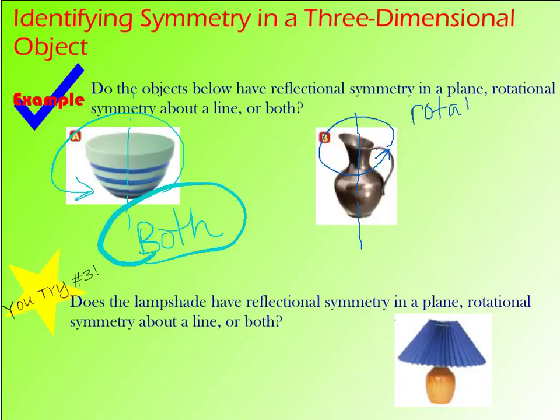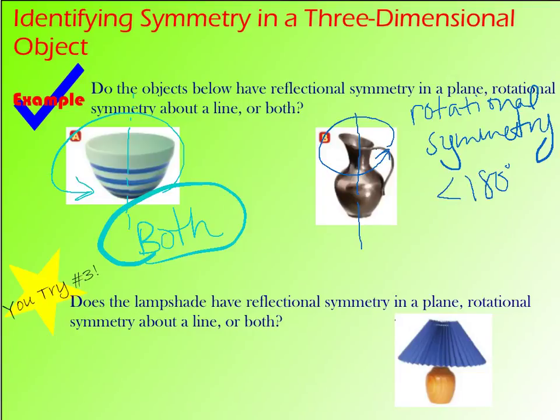Rotational symmetry has to be less than 180 degrees. So if I have to really spin it all the way around 360, sure, you ended up the same place, but that's not symmetry because it's nothing special. You just spun it all the way around in a circle. So it's symmetry when you have an angle of rotation which is less than 180 degrees. If it were equal to 180 degrees, remember, it's called point symmetry.